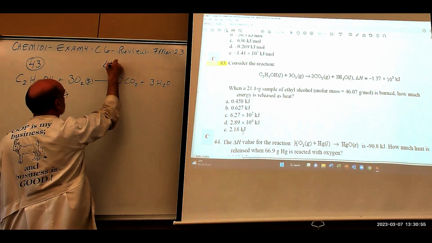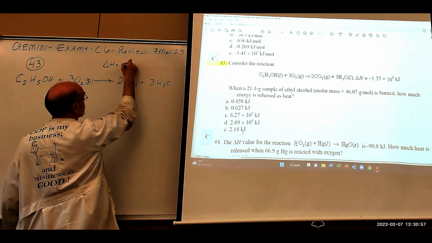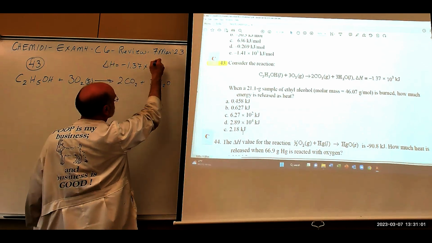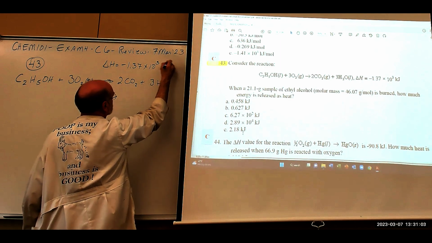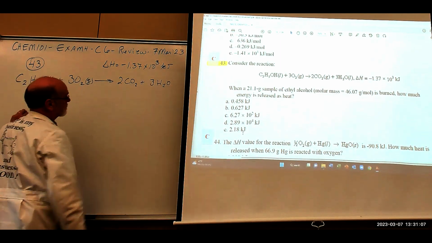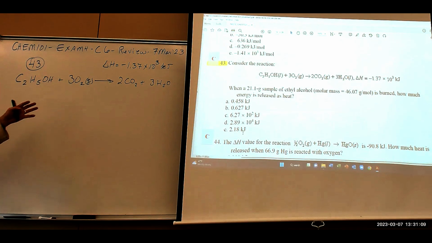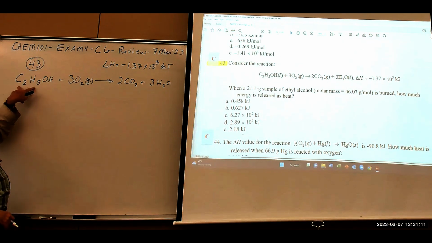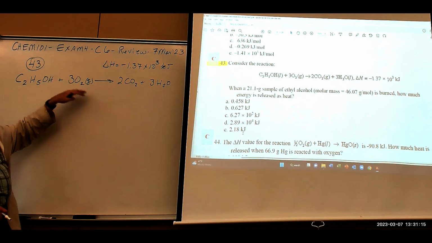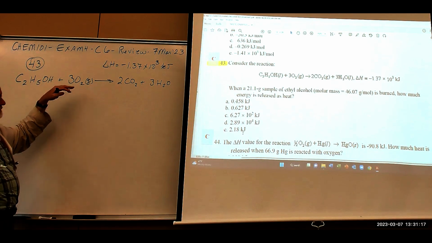And the enthalpy is negative 1.37 times 10 to the third kilojoules. That's kilojoules for this reaction as written. So we can say it's kilojoules per mole of ethanol because there's only 1 mole in that balanced equation.